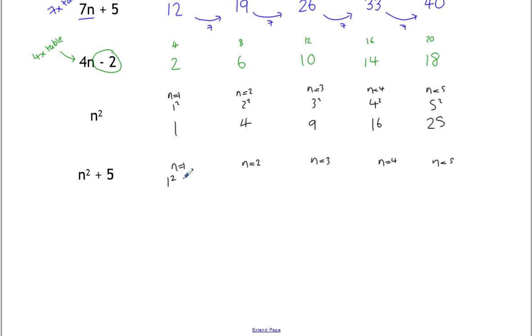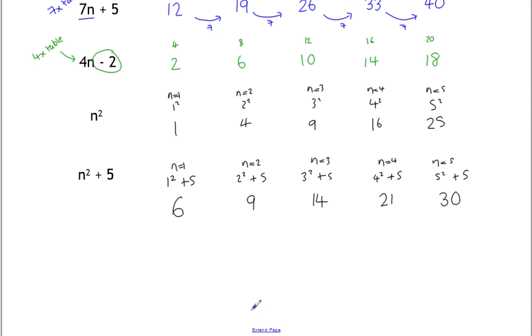So 1 squared, add 5. 1 squared is 1, add 5 is 6. 2 squared, add 5. 2 squared is 4, add 5 is 9. 3 squared, add 5. So 3 squared is 9, add 5 is 14. 4 squared, add 5. So 4 squared is 16, add 5 is 21. And then 5 squared, add 5, 25, add 5 is 30.